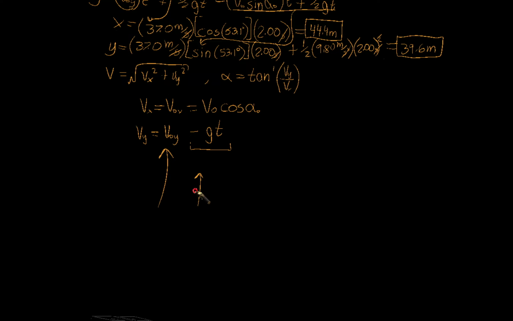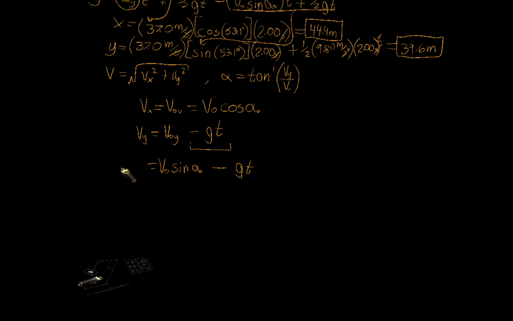So this is our equation. We simply plug in. So v naught y is v naught sine alpha naught. Then we have this minus gt.